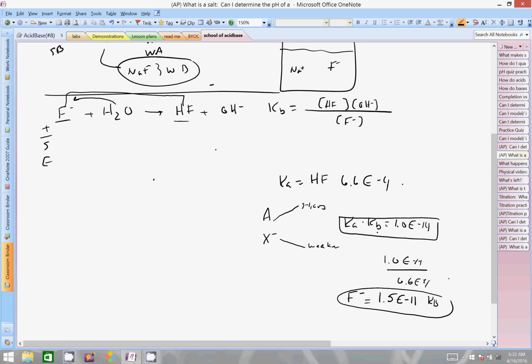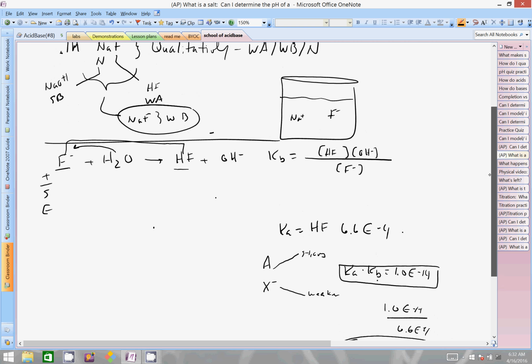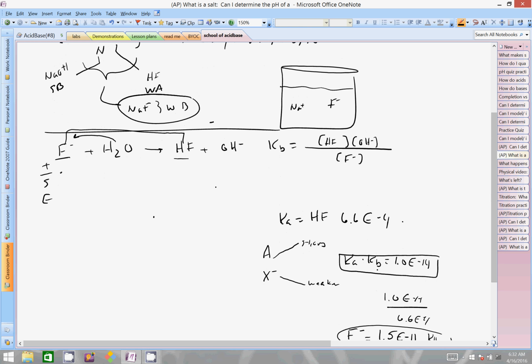That's new as far as this video series is concerned. Alright, so the concentration is going to be 0.1 molar. So this is 0.1, not playing a role, 0, 0, minus x plus x plus x, 0.1 minus x, x, x. Plug all my equilibrium concentrations into the expression, and I get 1.5 e to the negative 11th equals x squared over 0.1 minus x.